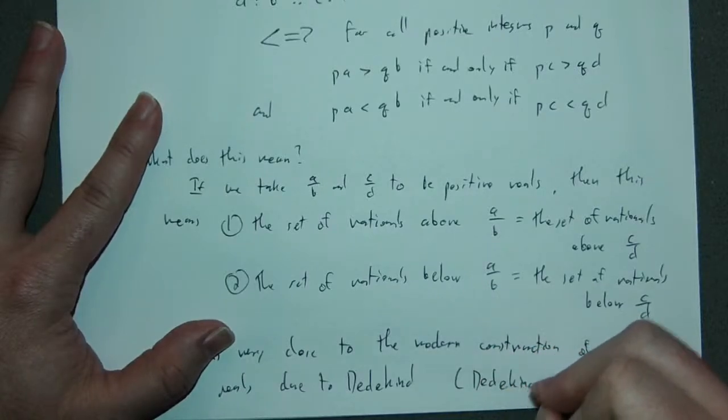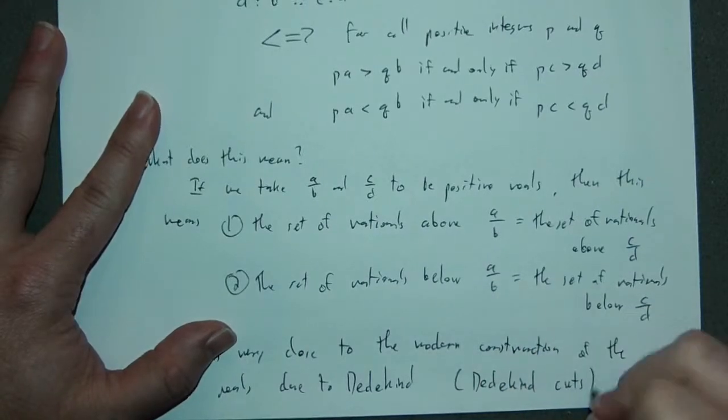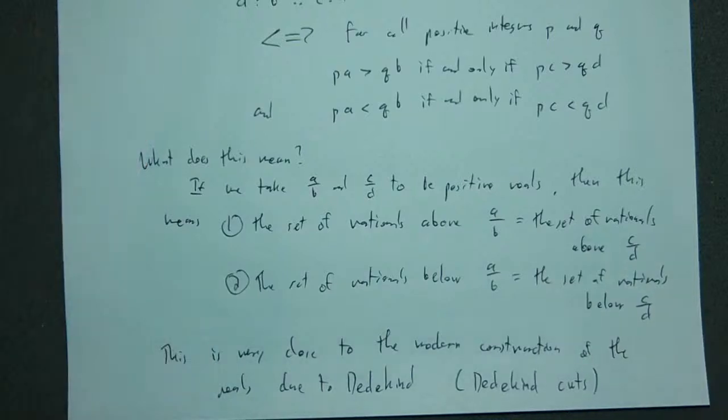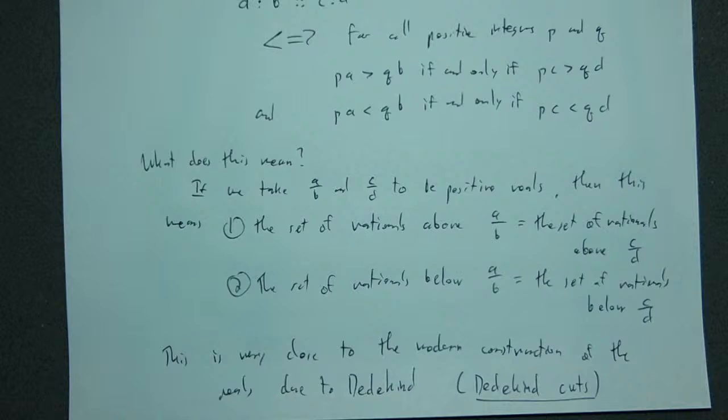It's named after a person. So the construction of the reals by Dedekind cuts is the classic construction of the reals. This wasn't done until the late 1800s, early 1900s. Let me see when this was done. Richard Dedekind. He's German, so it would have been Ricard, I guess.